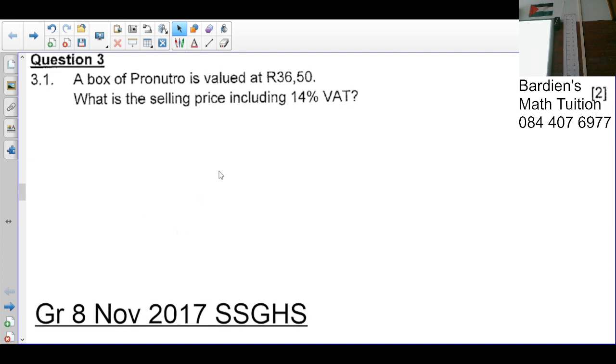3.1. We are told that the box of Pronutro is valued at 36 Rand 50. What's the selling price including 14% VAT? VAT is now calculated at 15%. That time it was 14%. So firstly, the VAT is going to be 36 Rand 50 multiplied by 14 over 100. So you get your VAT in rands there.